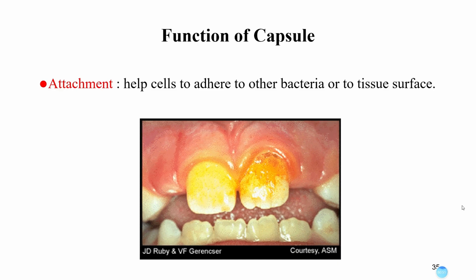It contains a lot of bacteria in it. It attaches to the tooth, and it can grow a little bit thick so that it shows some color. And that's the function of capsule. The capsule helps the cell to adhere or attach to the surface. Okay? So that's a function of the capsule.